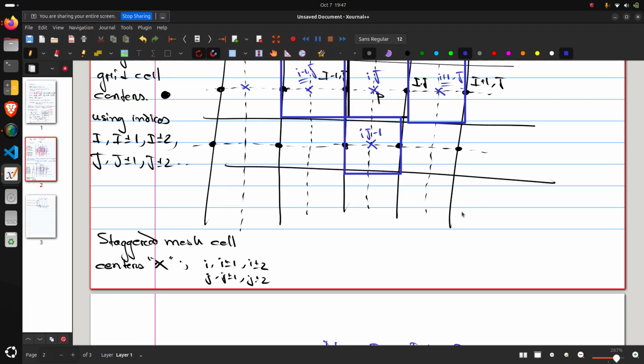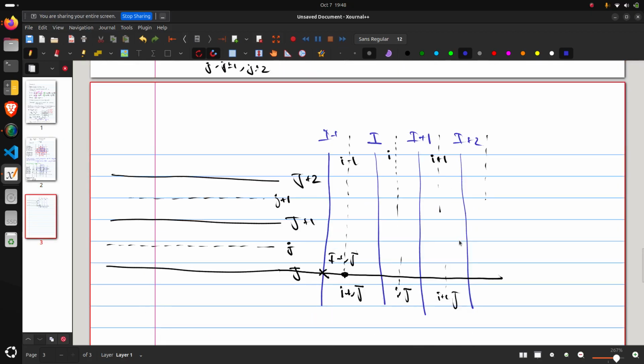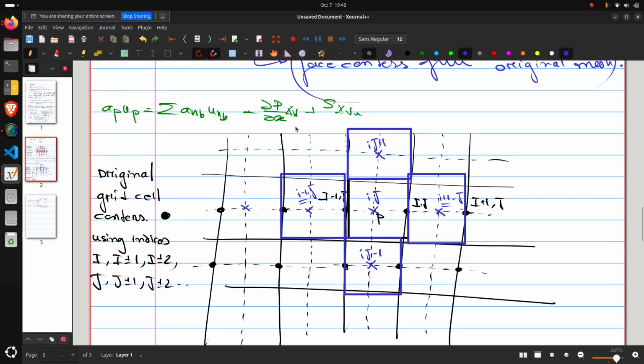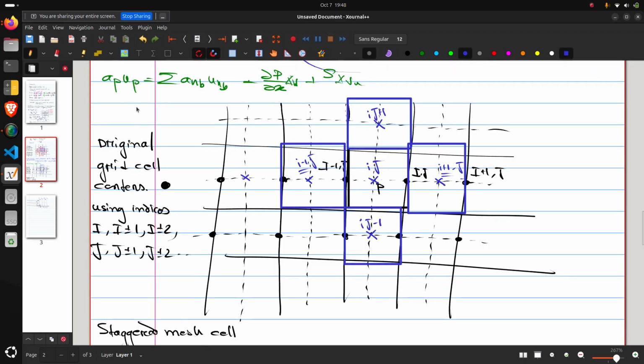Now if we look at the discretized equation, let me just take the whole diagram below.